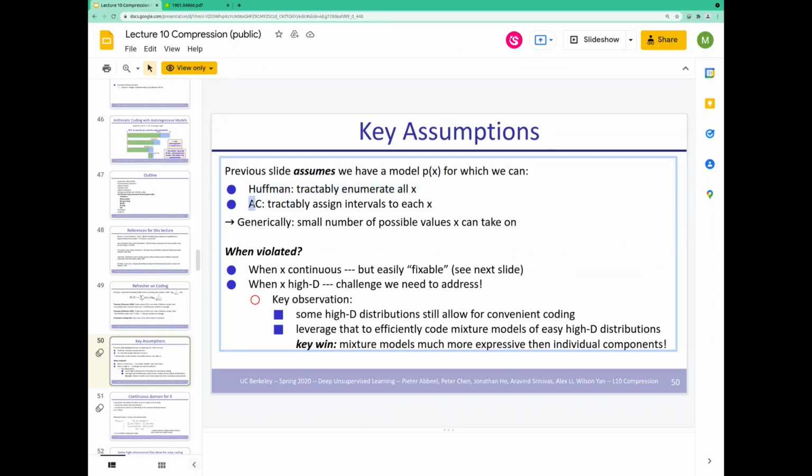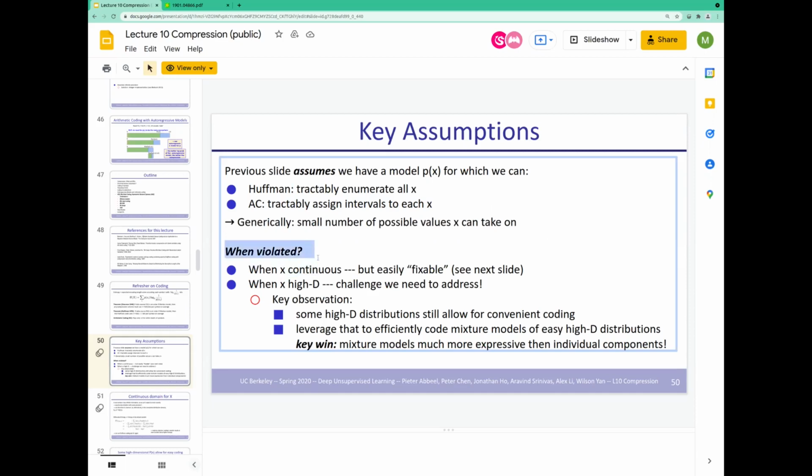Arithmetic coding says something similar, that you can assign an interval to each x, and the interval matches up to the probability for each of the messages. So there's some small number of values x can take on.